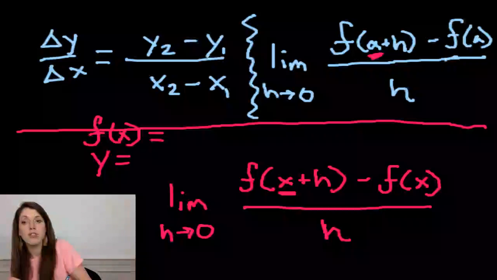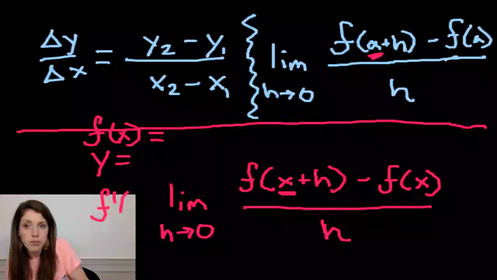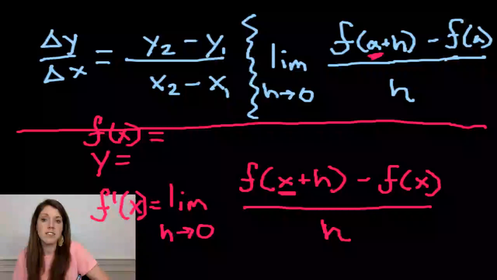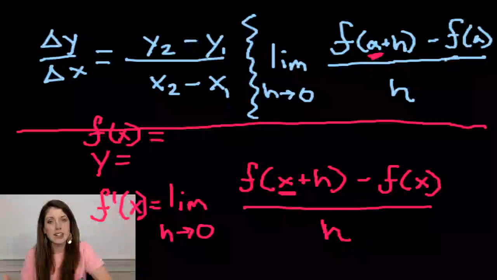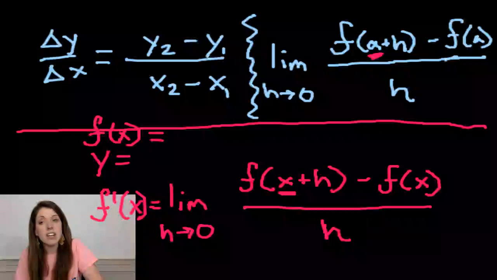We are finding f prime. So I will write, kind of over my picture here, f prime of x is equal to all this stuff. If I were to use the function g of x plus h minus g of x all over h, which would be the same definition, the only thing I'd have to change is turn this into g prime of x.